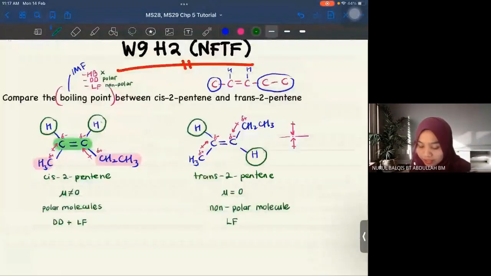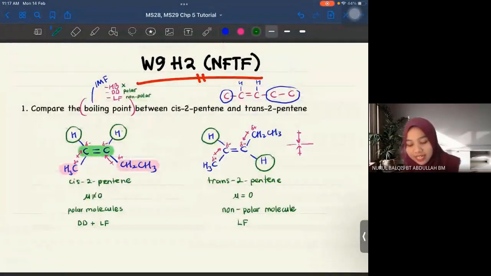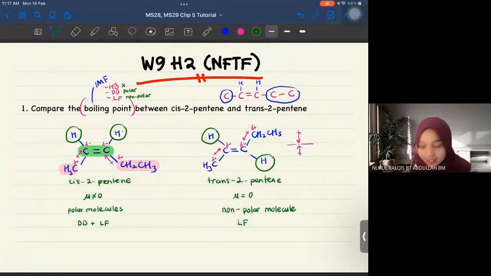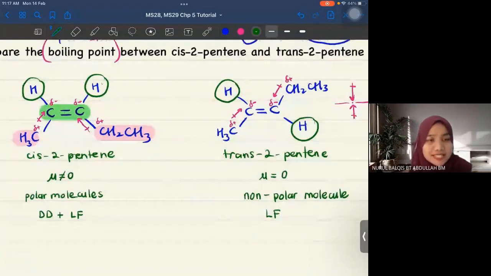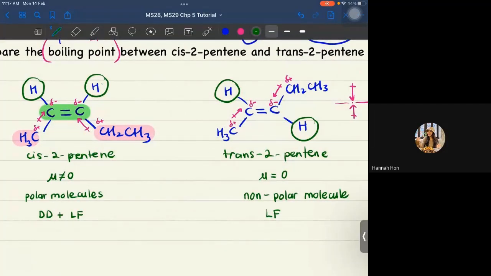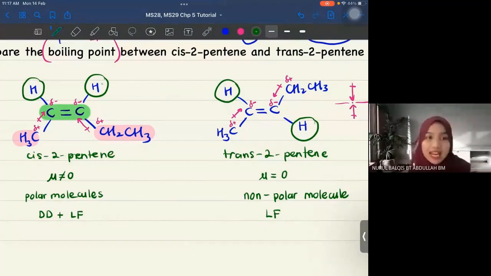When you are dealing with these intermolecular forces, kita akan tengok sekarang, diorang punya size ada beza ke sama je? Sama. When they got comparable size, jadi kita akan have dipole got greater strength untuk kita break the forces between them.